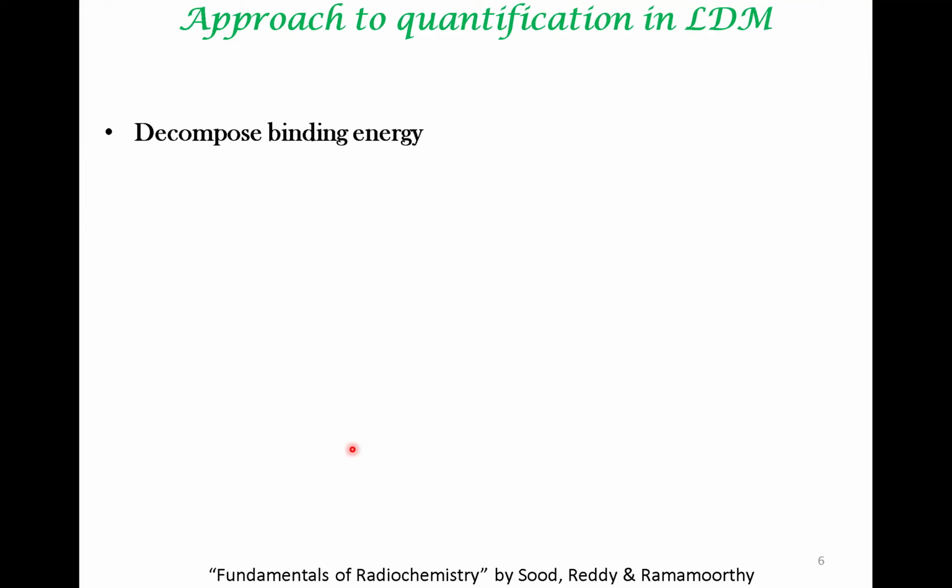So how do we go about quantifying a liquid drop model? As I mentioned in the previous lecture, this is not a first principle model. This is a phenomenological model in the sense that we will fit the constants required for the liquid drop model to some nuclear structure.